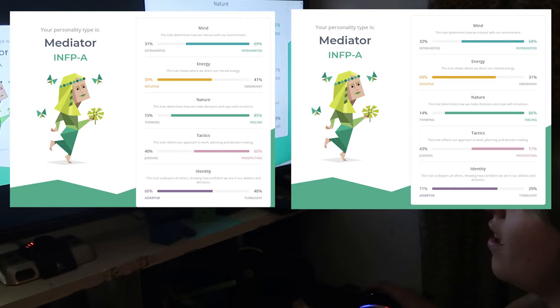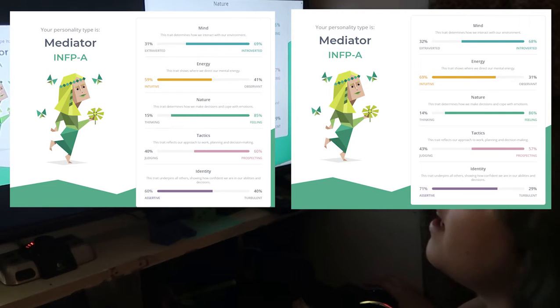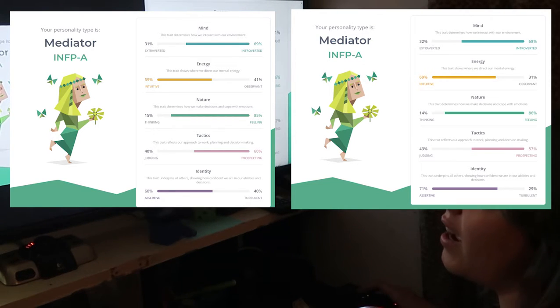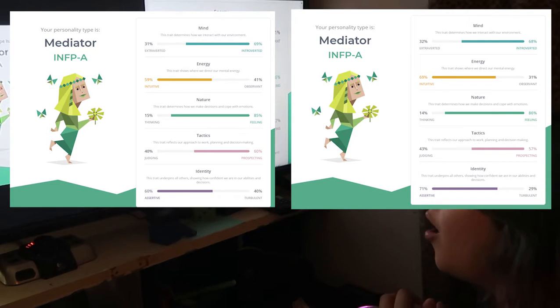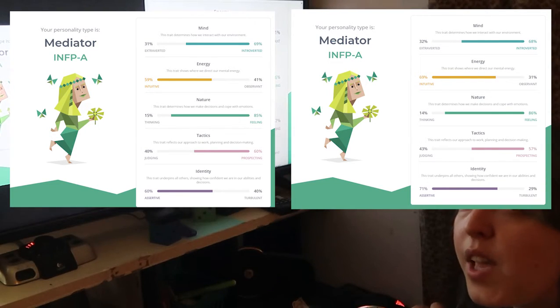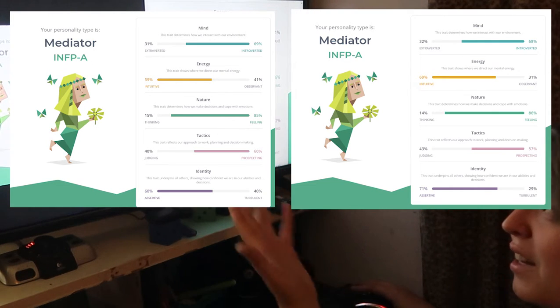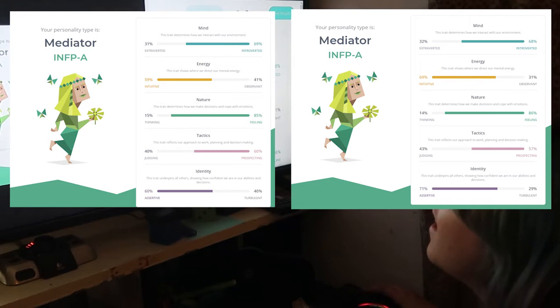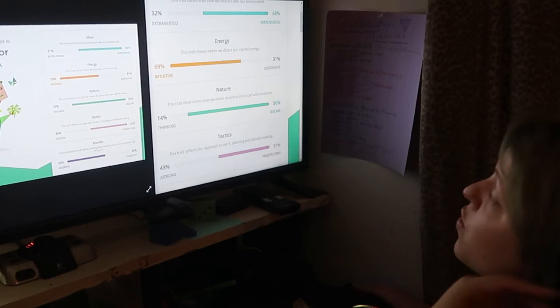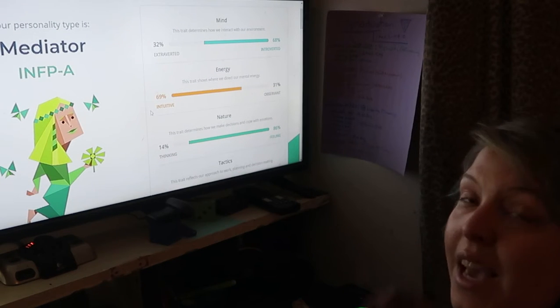My assertiveness is really where it shows: I was 11% less assertive that day, or 11% more turbulent. However, I still came out with the same result of INFP-A, even over a span of time. I guess I tried not to be in the same mood, but clearly I'm relatively close to being in the same mood, or the same personality, today. And those are the results. I am an INFP-A, apparently.